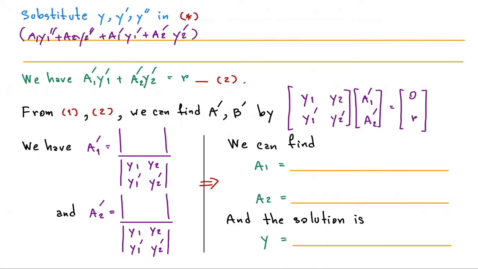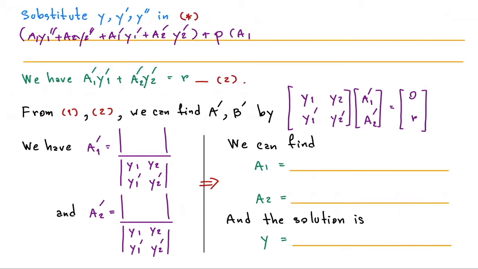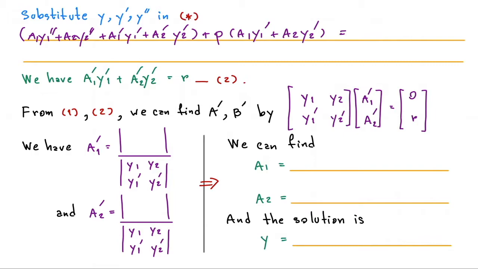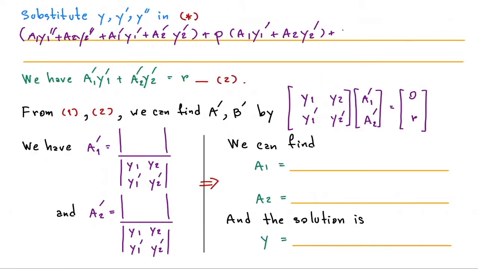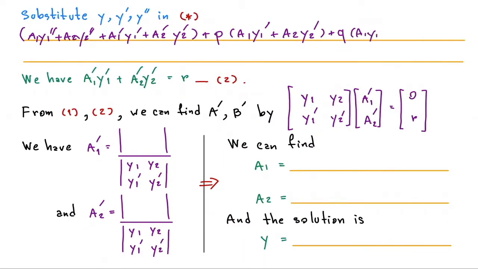And then we have plus p times y prime, which is a1 y1 prime plus a2 y2 prime, and then plus q times y, which is a1 y1 plus a2 y2. Okay, that equals r.